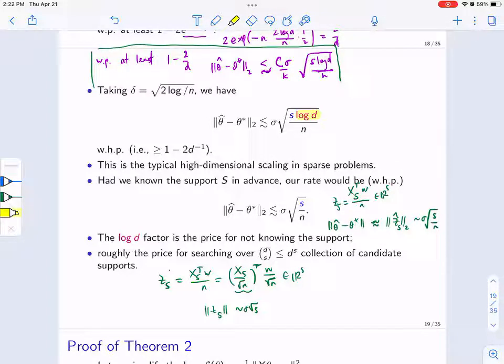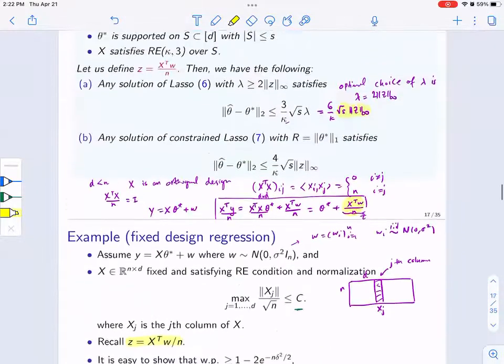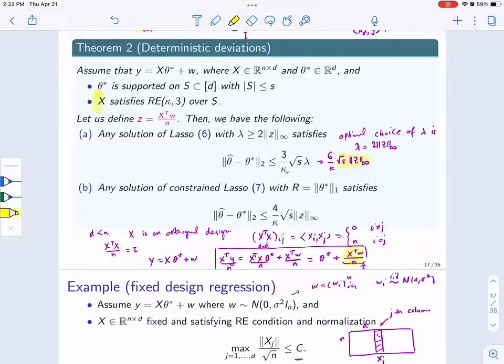So this is an example where people got really excited about these high-dimensional problems because you're showing something under fairly mild conditions. We'll see, for example, that this condition is satisfied for basically almost any Gaussian design. There are few constraints on the covariance matrix even.